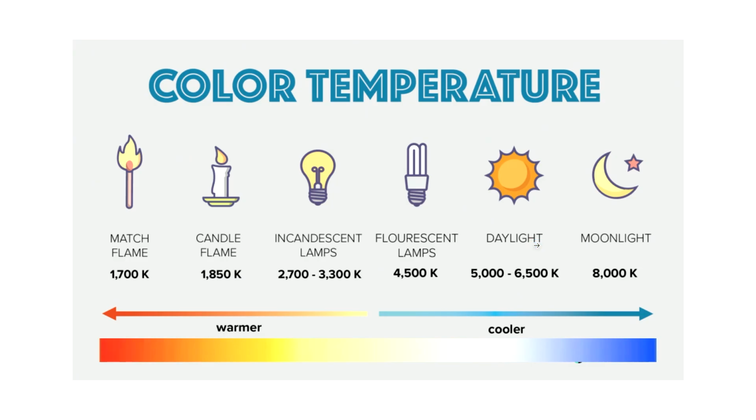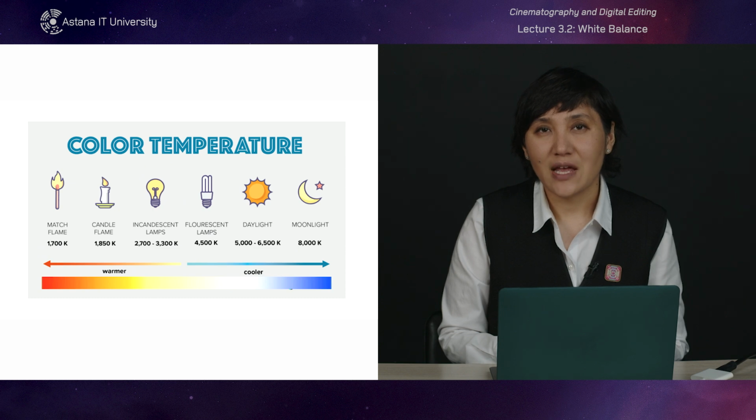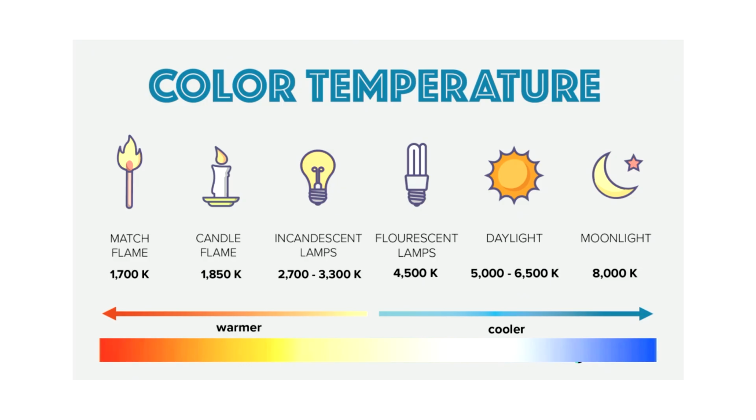For example, typical indoor lighting like tungsten bulbs has a color temperature of around 3200 Kelvin, giving off a warm yellowish hue. Daylight, on the other hand, has a color temperature around 5600 Kelvin, which is considered neutral and closest to natural sunlight.